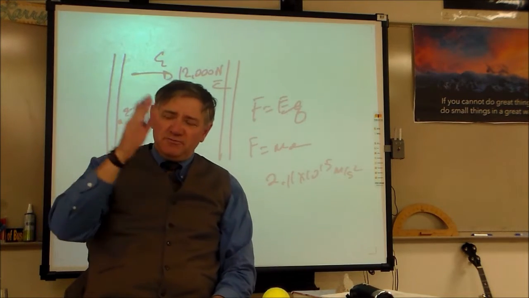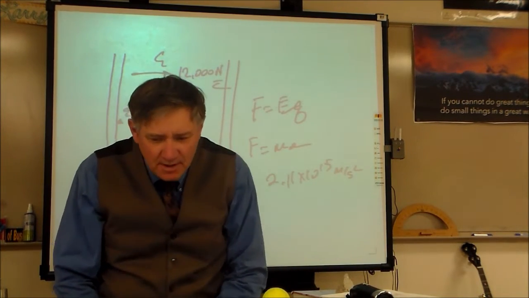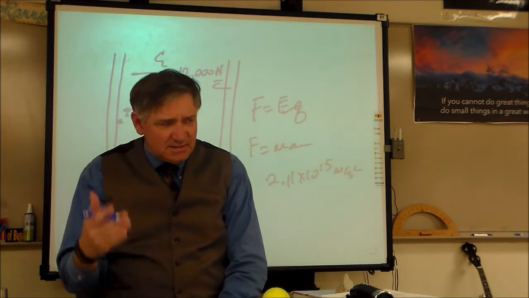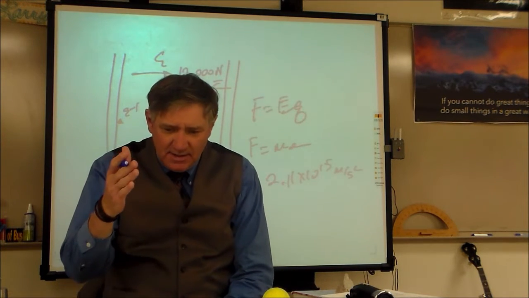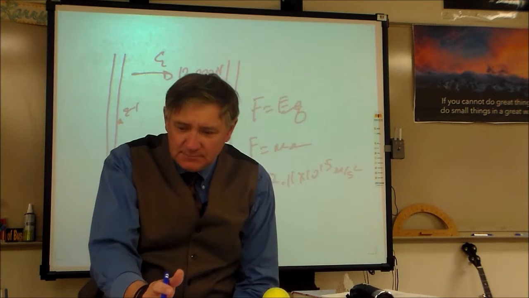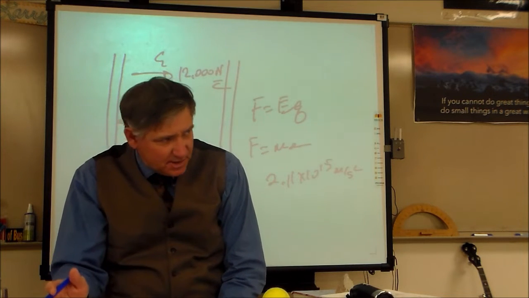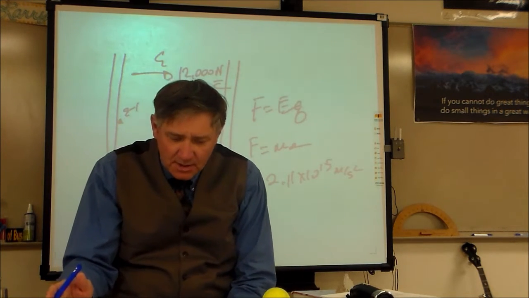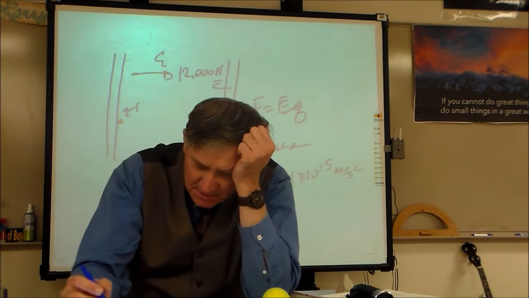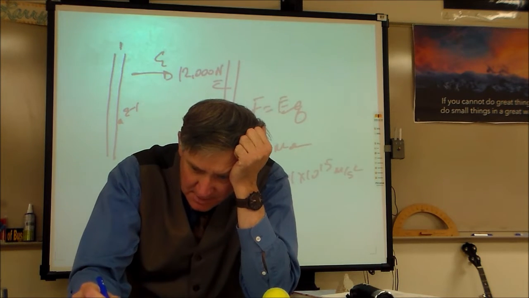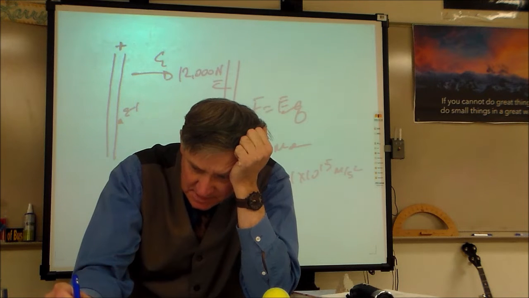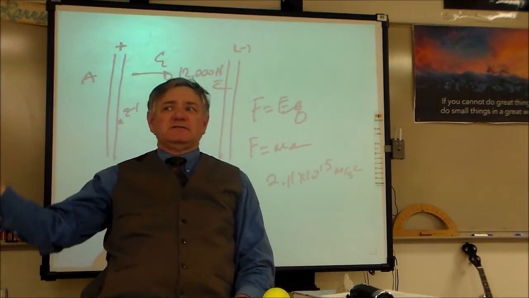Now, this is where the wheels fell off, right? So what you have to decide is, if this is an electron, and that's the direction of the electric field, the only way that's the direction of the electric field is if plate A has a positive charge and plate B has a negative charge.